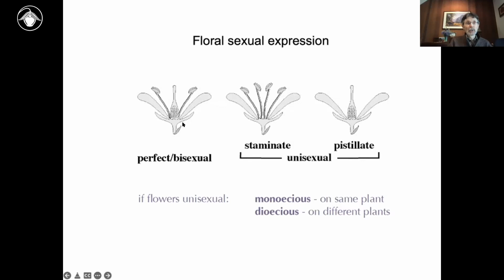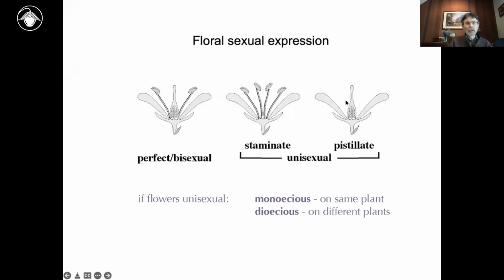But if there's strong selection for outcrossing in a condition where we could have the potential for selfing, and we'll talk about one circumstance in which there's very strong selection along those lines, that could lead to this condition. We can have imperfect flowers where only the stamens are functional or only the pistils are functional.